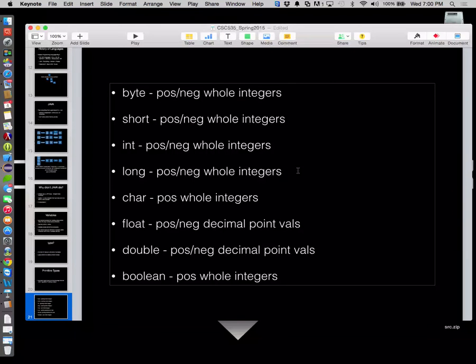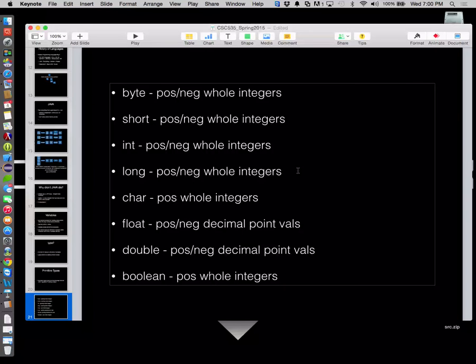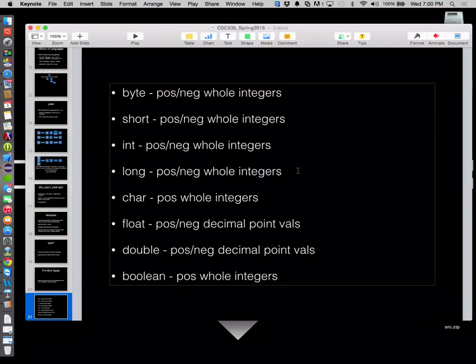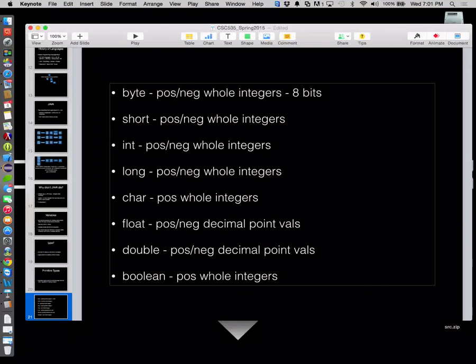So they gave us lots of different ways of holding whole numbers while paying attention to the amount of memory each of these takes. Does that make sense? So let's look at some of these. Bytes hold positive and negative whole numbers, and these are 8 bits big, or 1 byte big.